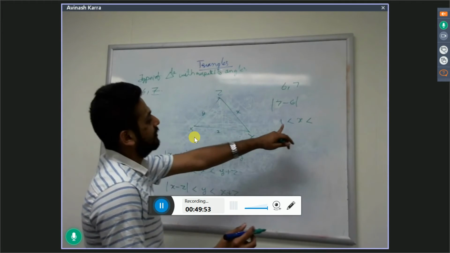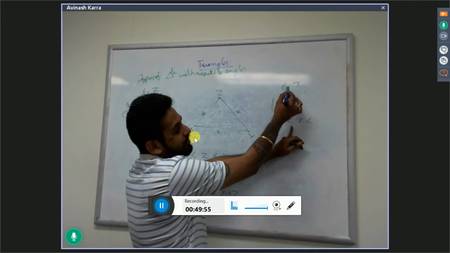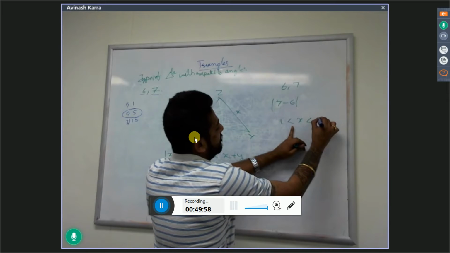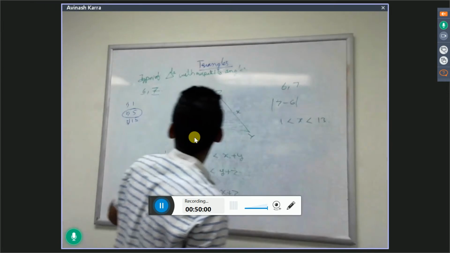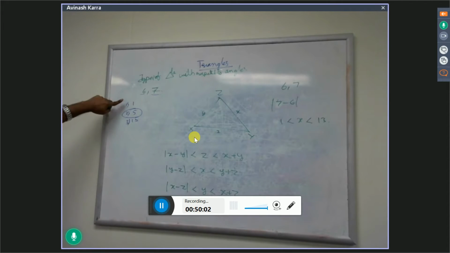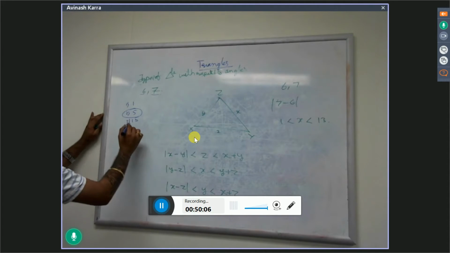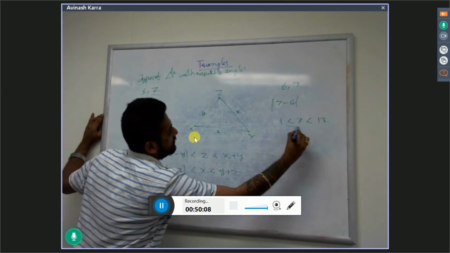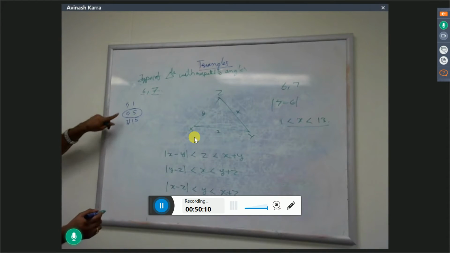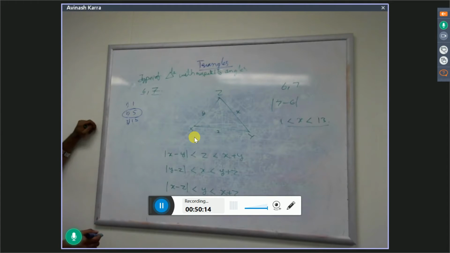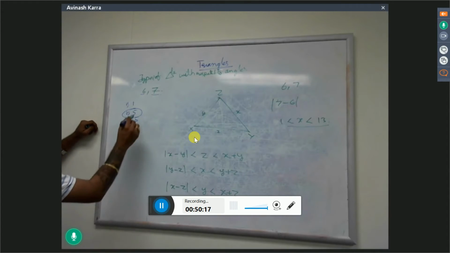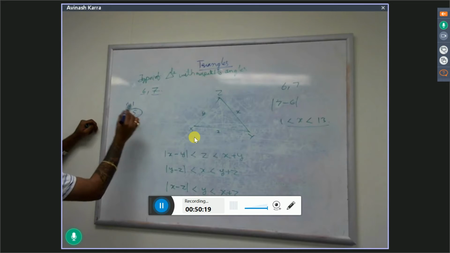What is the sum of these two sides? 7 plus 6, 13. So, out of these three choices, which one satisfies this? Only 5, right? Yes. 5 is the answer. Okay.